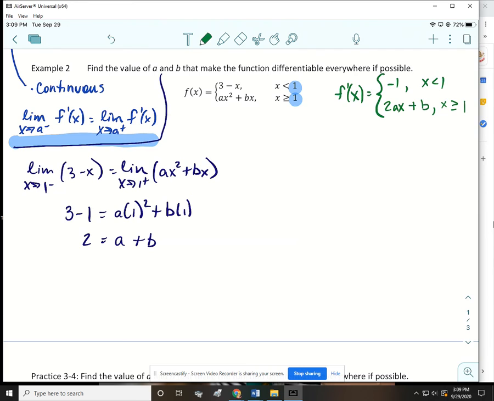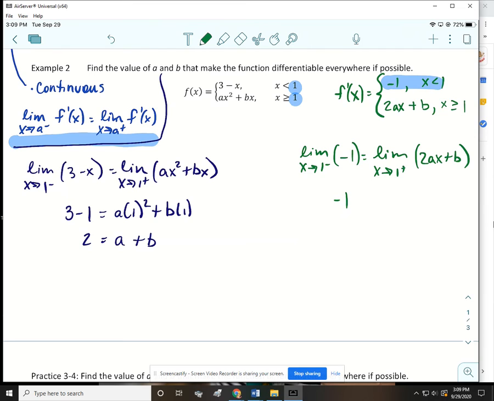All right, so I'm going to find the limit as x approaches 1 from the left of f prime. So that's just going to be that first piece, which is negative 1. That needs to equal the limit as x approaches 1 from the right of the second piece. Okay. And anytime you have the limit of a constant, our constant is negative 1, it is just equal to that constant. For the second piece, I'm going to plug 1 in for x.